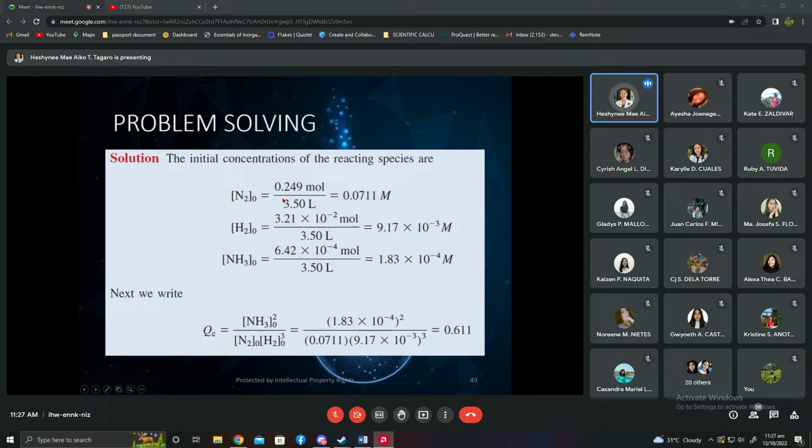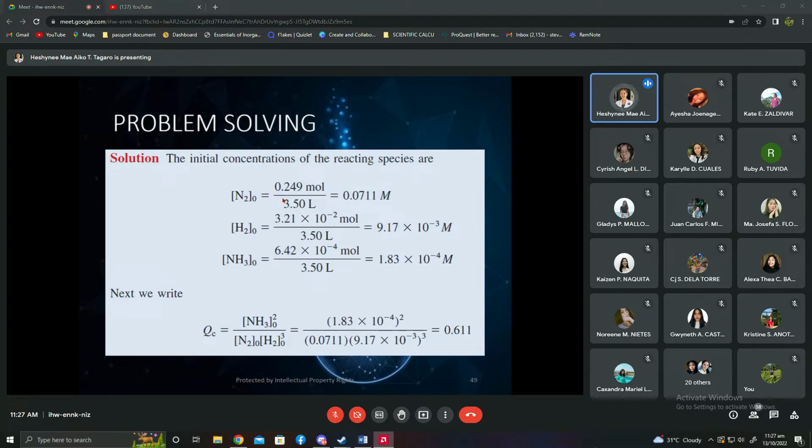Okay? So if you come across a problem where mL is given, what do you need to do? Very good. You convert mL to liters. Because our molarity is moles per liter.